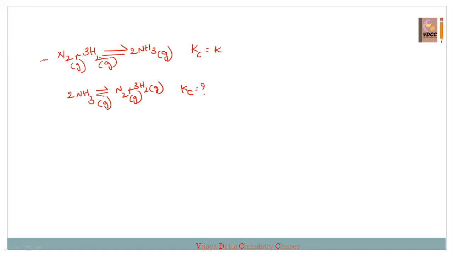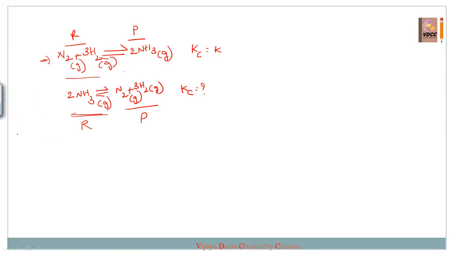This is the equation that has been given, and this is the equation they are asking to calculate the Kc for. By reversing this reaction we are getting this, right? In this reaction these are the reactants and this is the product, whereas in the other reaction it is reversed. So they have reversed the reaction.